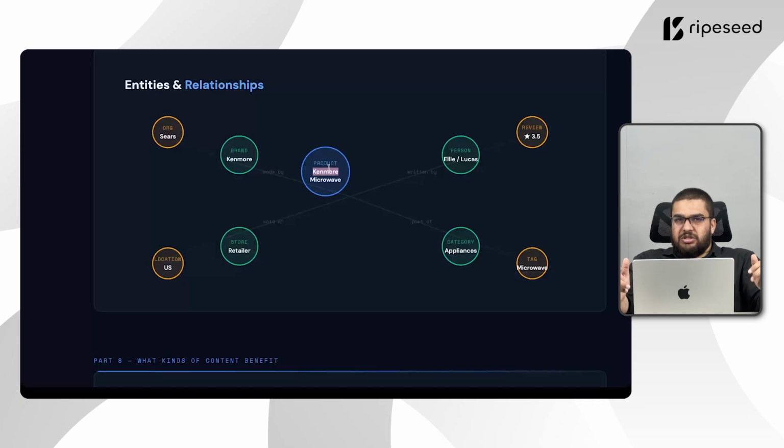Schema.org helps machines do two key jobs here. The first is entity creation. By declaring the type of things, organization, product, article, course, event, you reduce ambiguity. You're telling the machine: don't treat it like random text, treat it as this specific kind of thing.